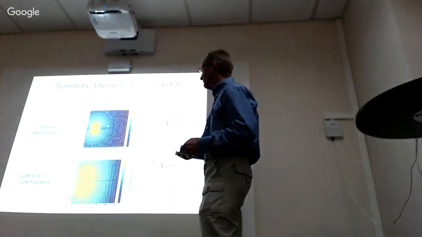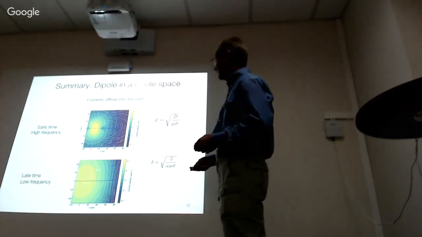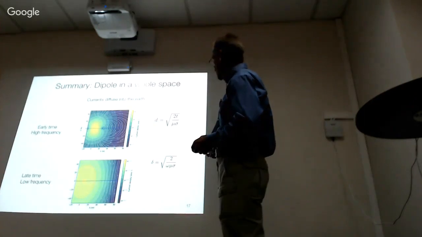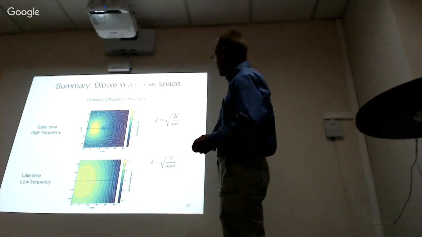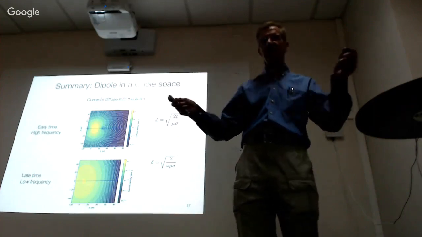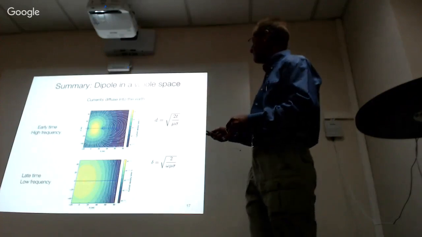So the currents would be more or less the same. And so late times and low frequencies are about the same. And then the two quantities, diffusion distance and skin depth, pertain to both of them. So again, just trying to get rid of this dichotomy between time and frequency domain.